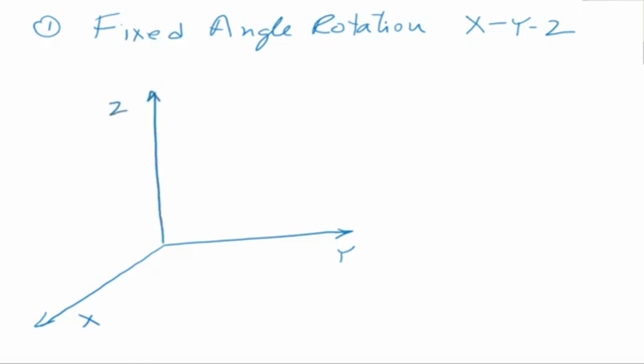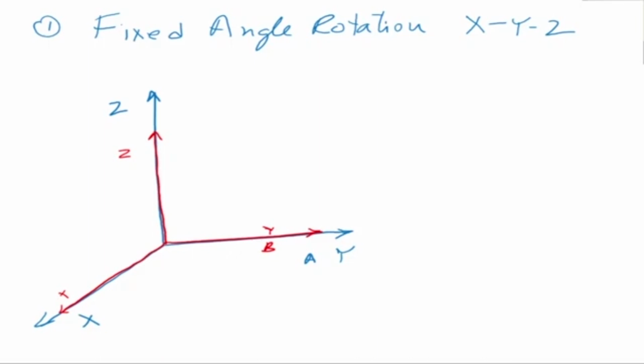This is my frame A. We have frame B, which is initially the same frame. There is no rotation between them. So frame B is also here, but in red color: x, y, and z. Initially, they are the same frame.